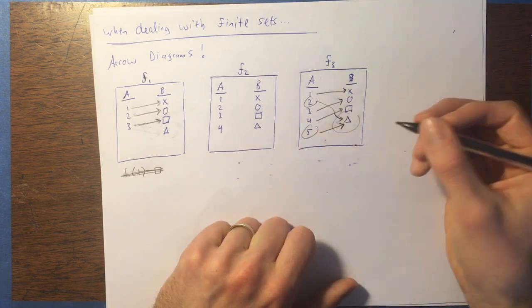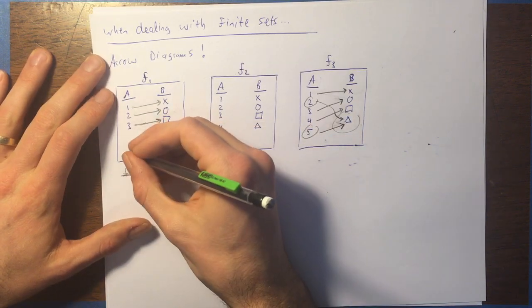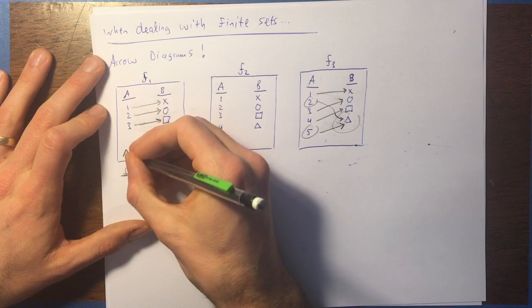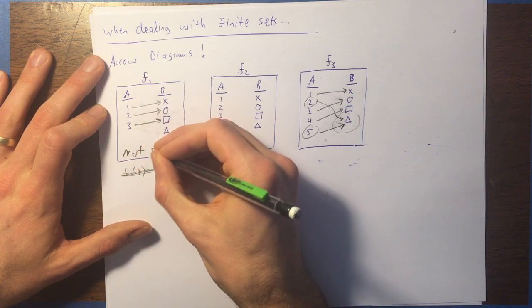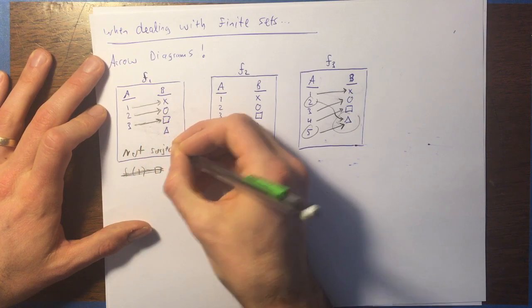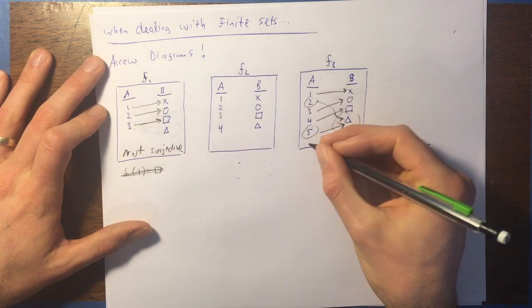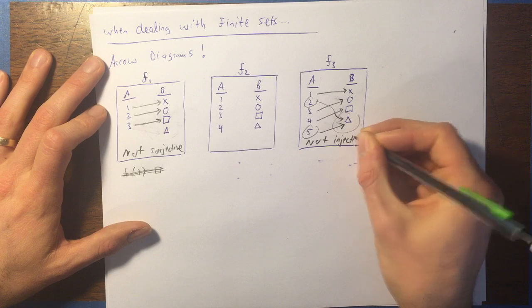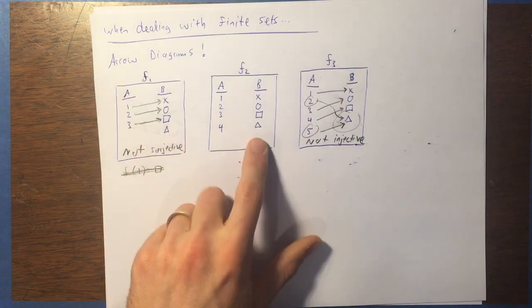So that is not 1-to-1. So far we've learned that this situation, with this particular domain and codomain, is guaranteed to be not surjective, and this situation is guaranteed to be not injective, right?